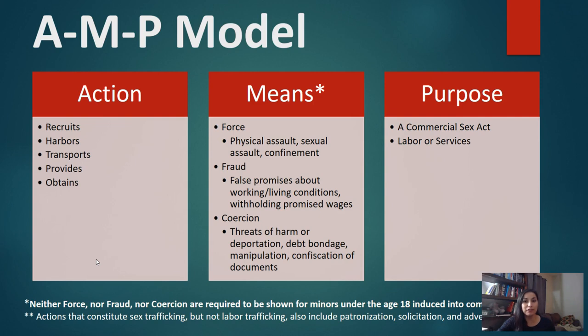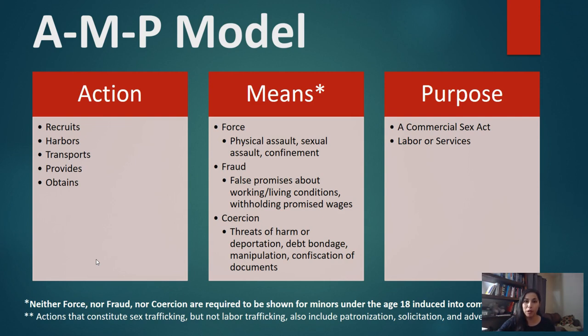Cases that are considered severe forms of trafficking in persons involve three elements: action, means, and purpose. For the action involved, we have recruiting, harboring, transporting, providing, or obtaining. The means is by force, fraud, or coercion. Force is by physical assault, sexual assault, or confinement.